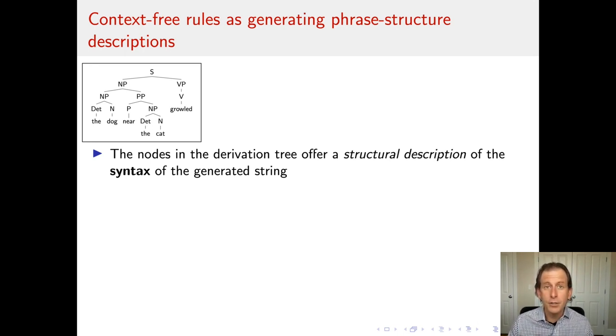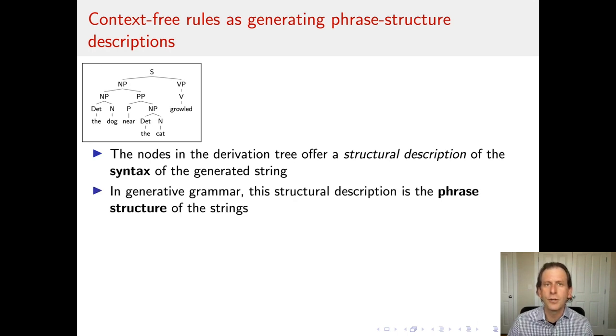In particular, the nodes in the derivation tree offer what we call a structural description of the generated string. And in generative grammar, which is broadly understood as the enterprise of defining formal accounts of fragments of natural languages using grammatical mechanisms like what we're looking at, this structural description is the phrase structure of the string.